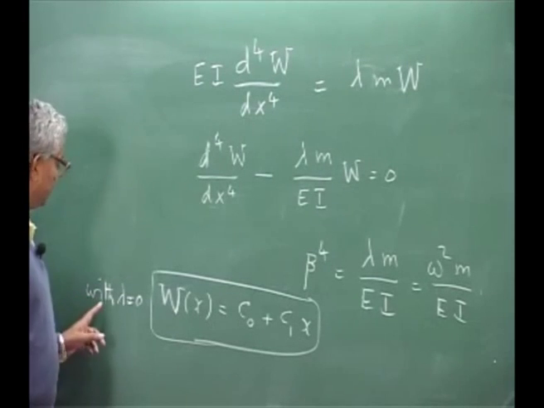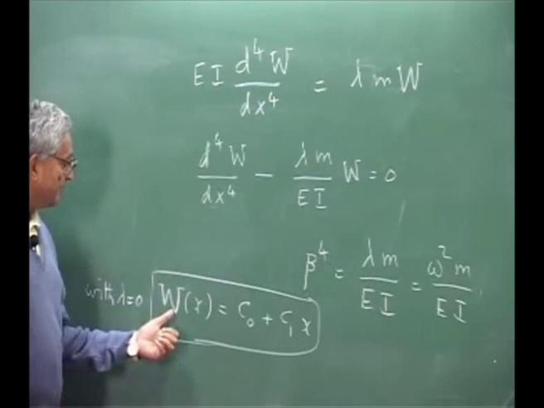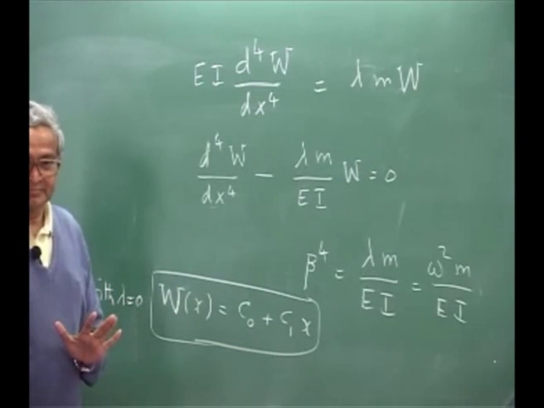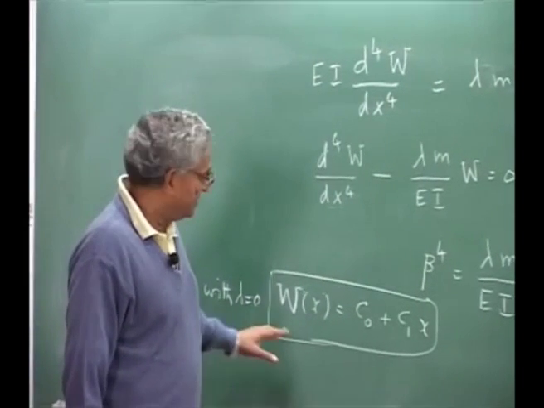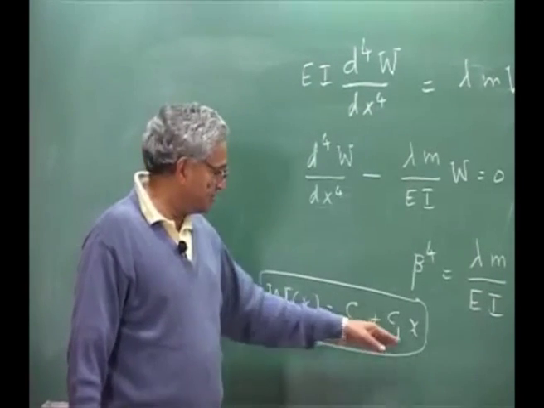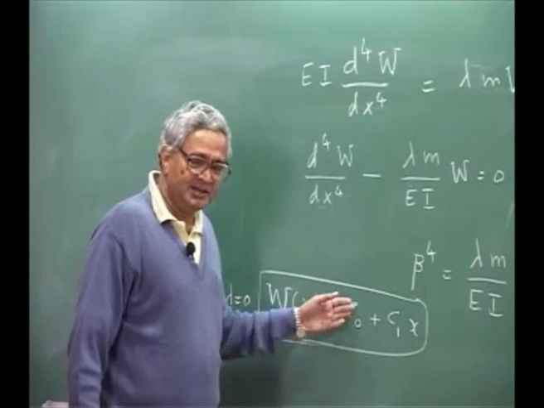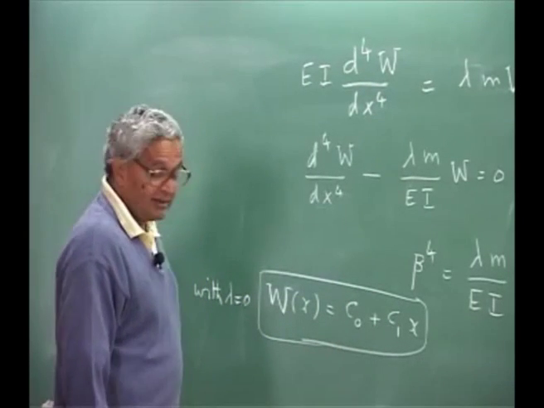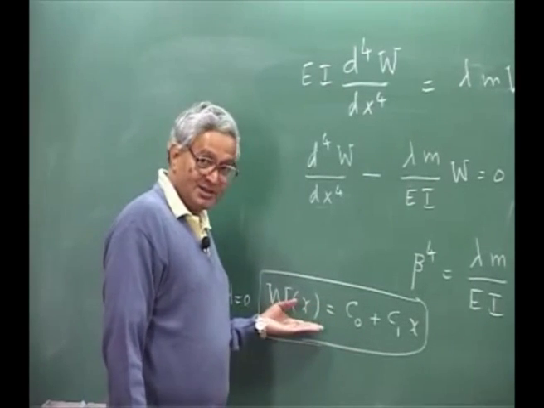Please understand, for the given problem, if my W is of this form with lambda 0, then this also satisfies. Not necessarily C0 has to be 0 or C1 has to be 0. These are some constants, or you may call them A0, A1, whatever way you want. Now this will satisfy the boundary conditions also.